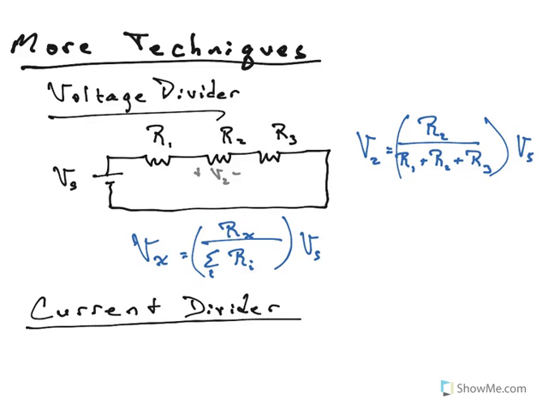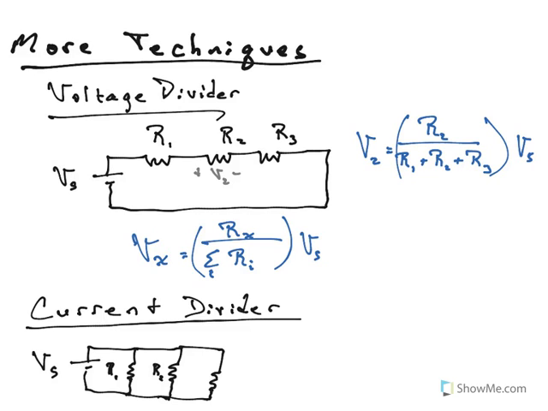So for instance, if we have a circuit that looks something like this, okay, V source, let's say this is R1, R2, R3. In fact, to make it even easier, let's say this isn't a voltage source, but we're given a current source. So this is some current source.